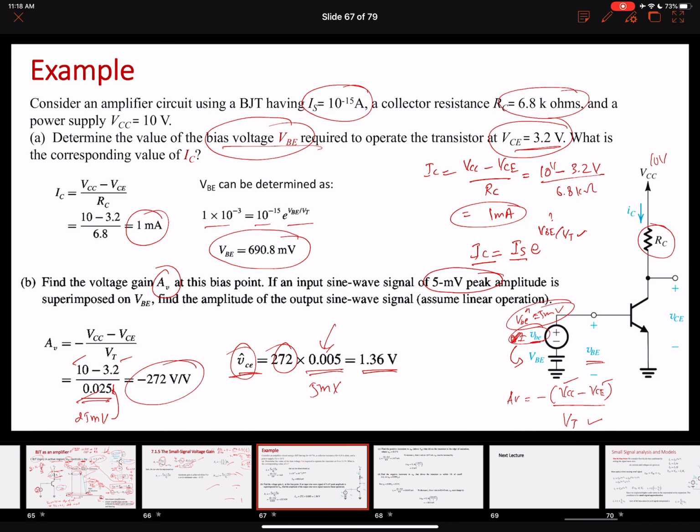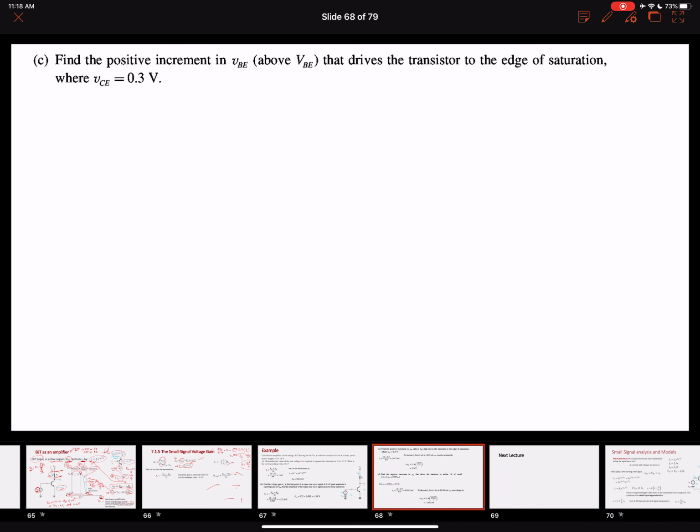Now we have another part of this question that is also very interesting. We are interested in finding out the change in the value of VBE that will drive the transistor to the edge of saturation.